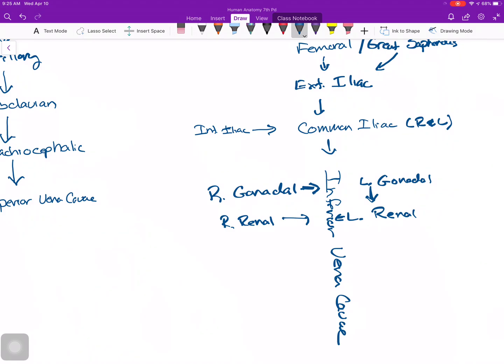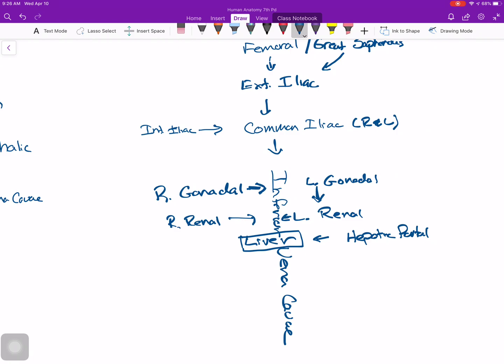After you get through your renals, you have the hepatic portal vein. So at this point, we have a break. And so I'm going to write right here the word liver. I'm going to put it in a box, okay? Because what empties into the liver is the hepatic portal vein.